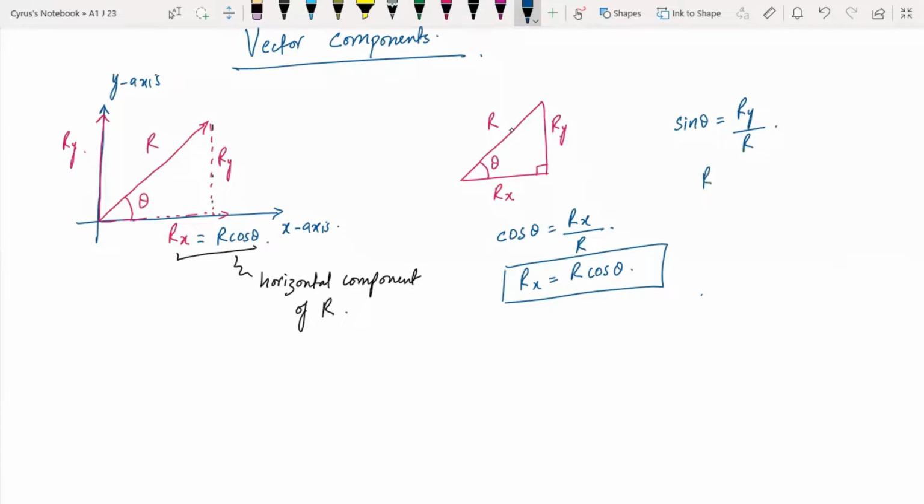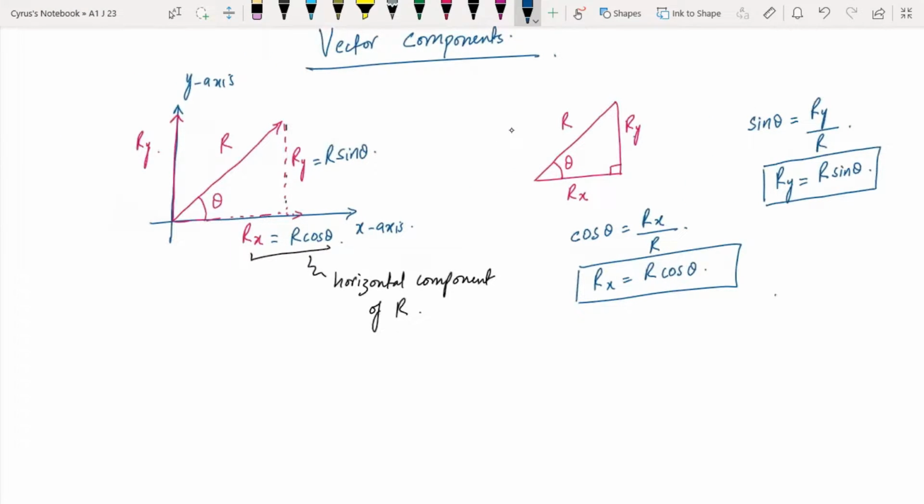So ry becomes what? This becomes r sine of theta. So here ry is r sine of theta. As you can see here, ये वाला भी उसके equivalent है ry. This is also r sine of theta. And this gives you an important result here, that this ry is the vertical component of r.